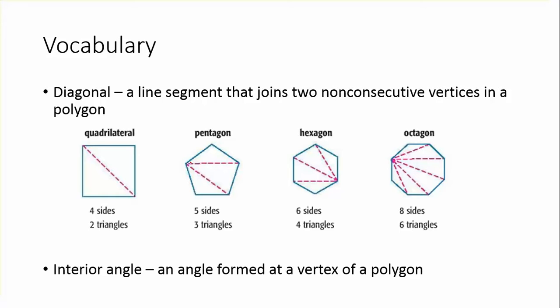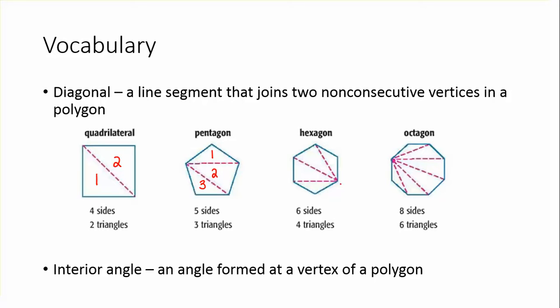Remember that diagonals cannot be drawn from consecutive vertices, because if I try to draw one here, I'm actually on the outside of the figure. And you'll notice that what happens here is you create some triangles. We created 2 triangles in a quadrilateral. In the pentagon, when we draw the diagonals, we create 3 triangles.